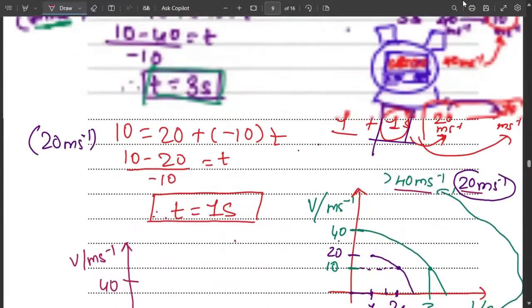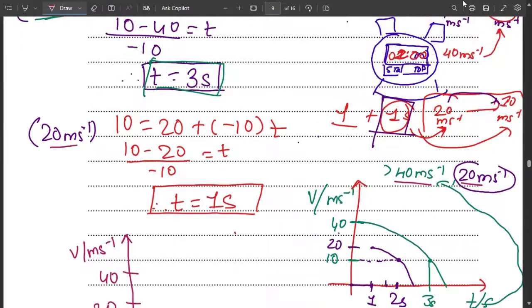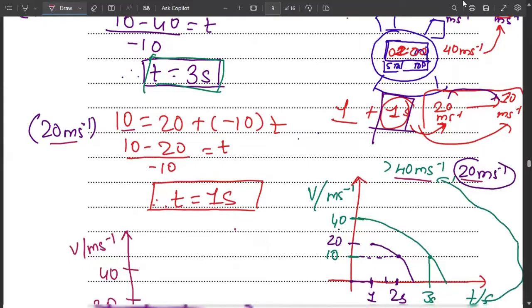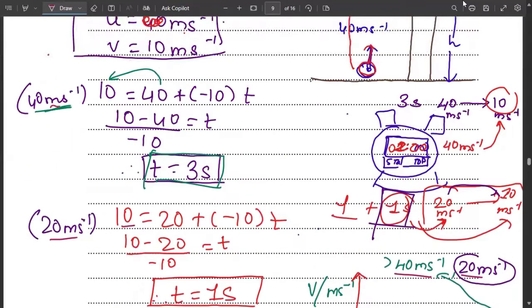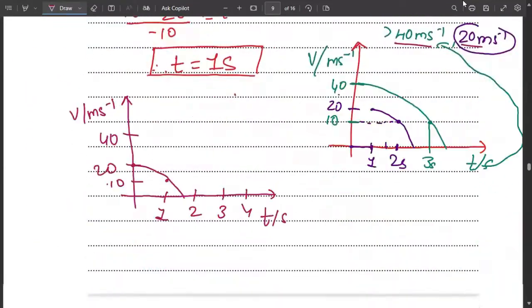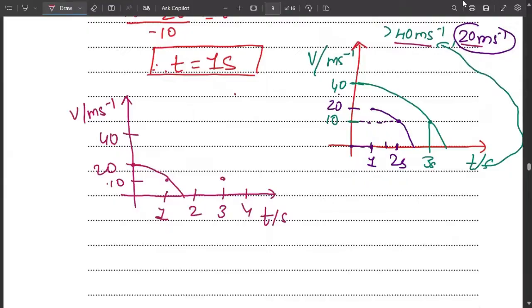Normally, how much time does it take for 20 to turn to 10? Only 1 second. So this 20 would have turned to 10 in only 1 second, something like this. And how much time does 40 take? 40 takes 3 seconds to turn to 10. So 40 would have turned like this.